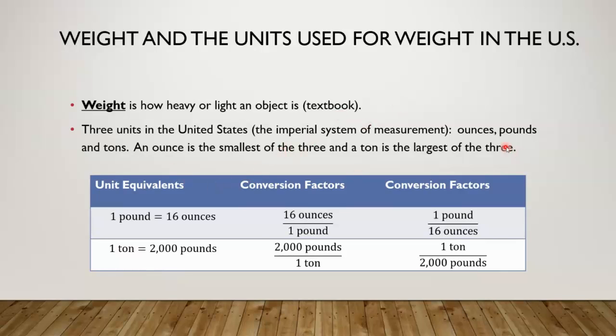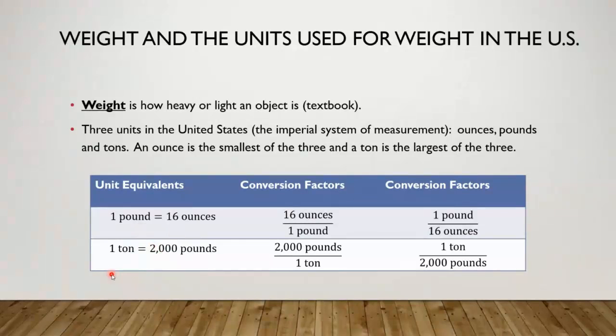And what's nice is ounces, pounds, and tons, just like with the units for length, are related, right? 1 pound is 16 ounces. 1 ton is 2,000 pounds.